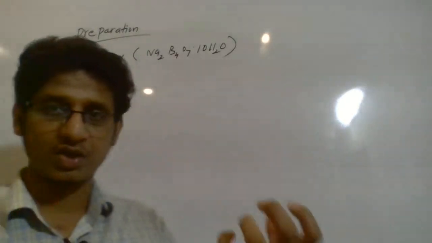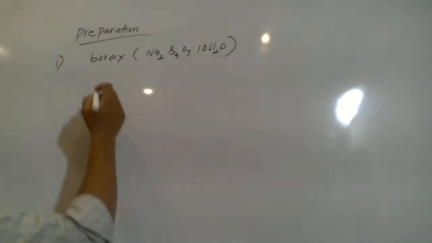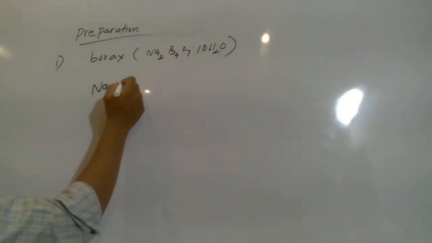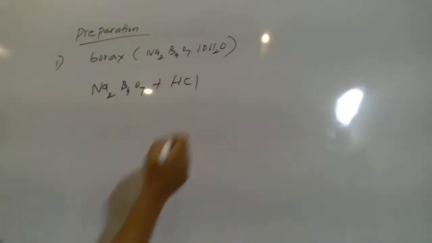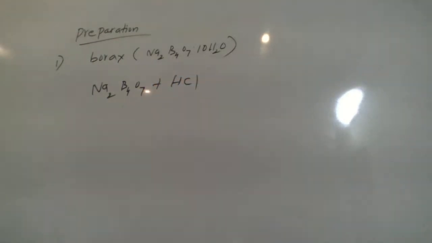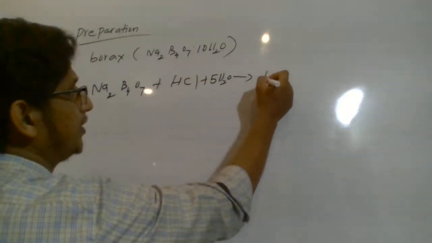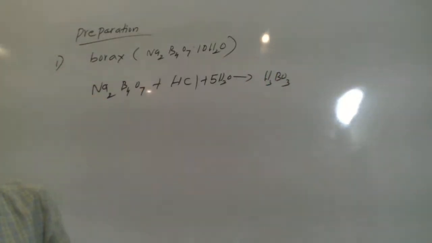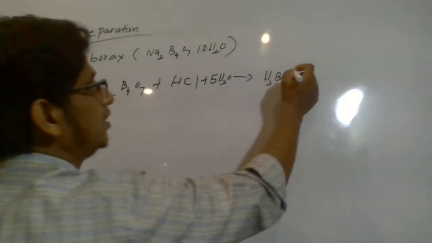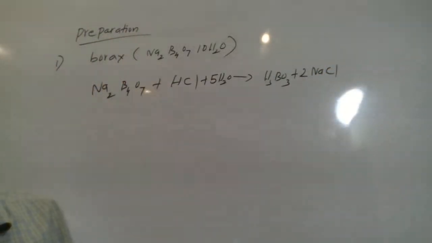When borax is heated strongly, the 10 molecules of water will be eliminated. So you will get Na2B4O7, which will react with hydrochloric acid, or you can imagine sulfuric acid. In the presence of water, you get orthoboric acid, with sodium chloride as a side product.